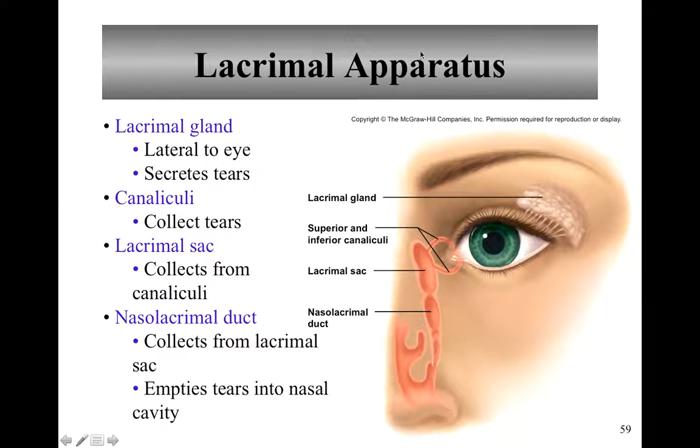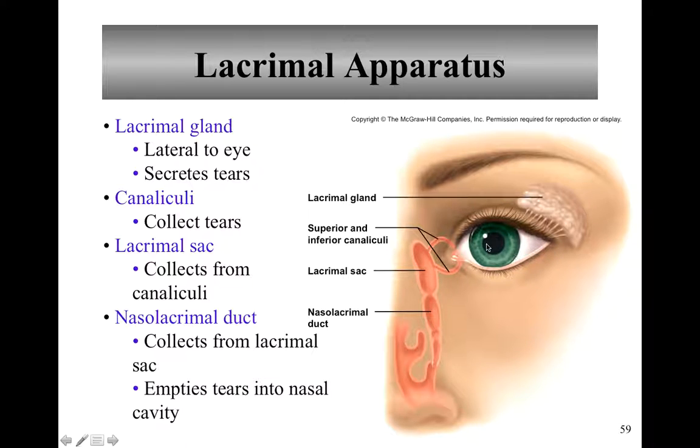Lacrimal apparatus is composed of the lacrimal gland, which is superior and lateral to the eyes, and this is where tears are secreted. And we produce tears all day long, but they just wash over the eye from superior lateral to inferior medial.